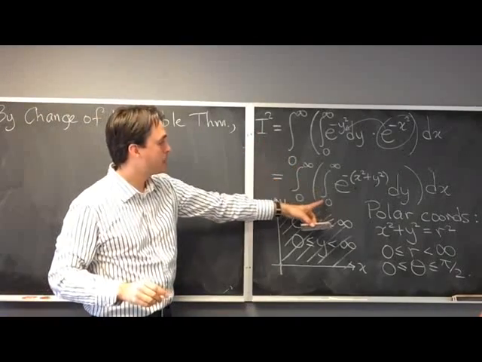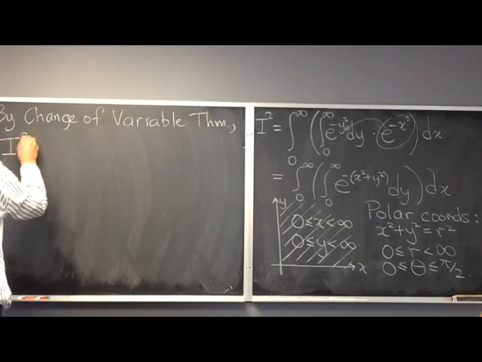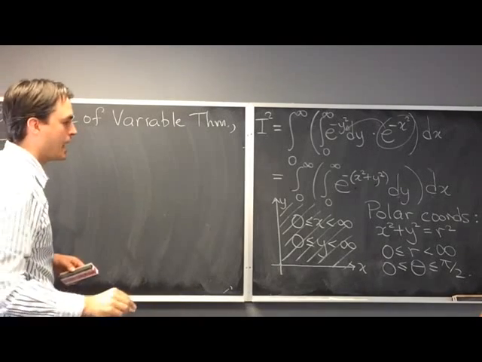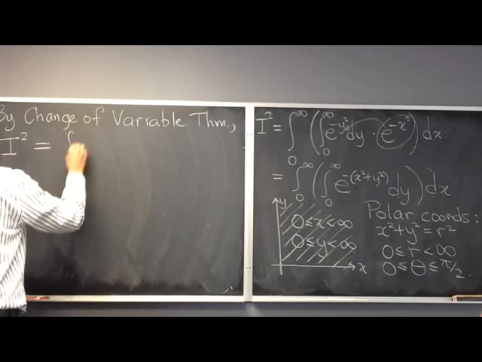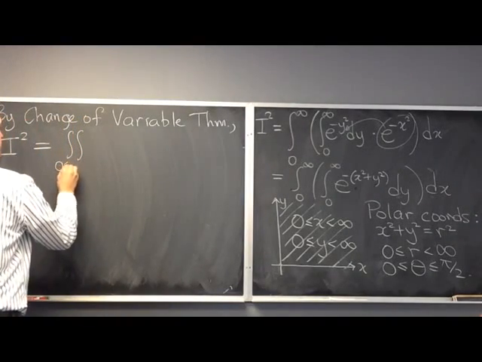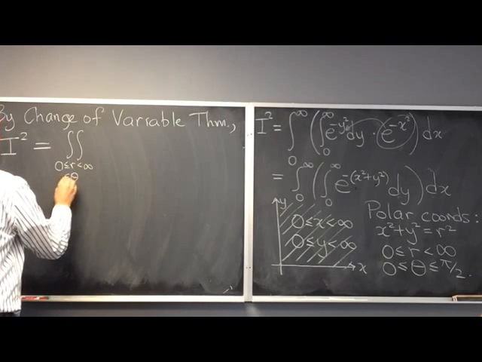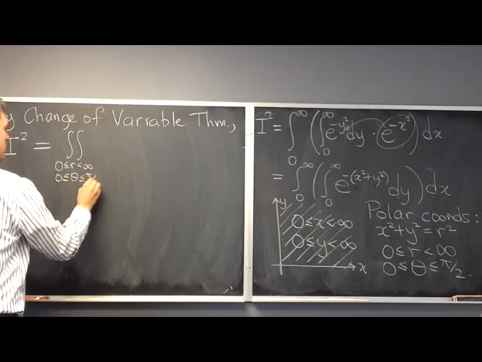This whole thing, remember, was equal to I squared. So that's going to be the double integral over the r theta region, which is r going from 0 to infinity, and theta going from 0 to pi by 2.